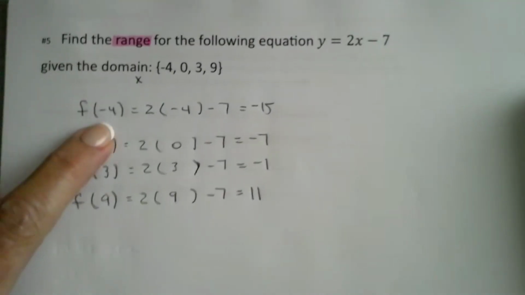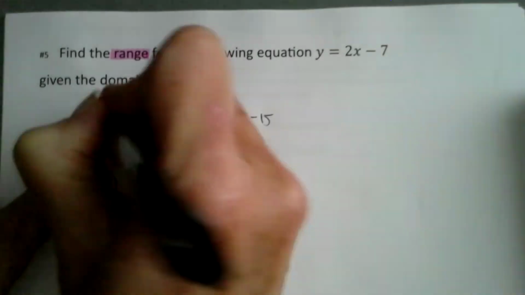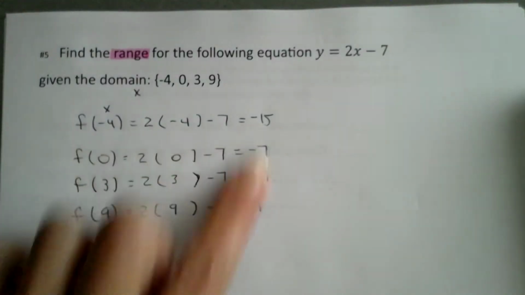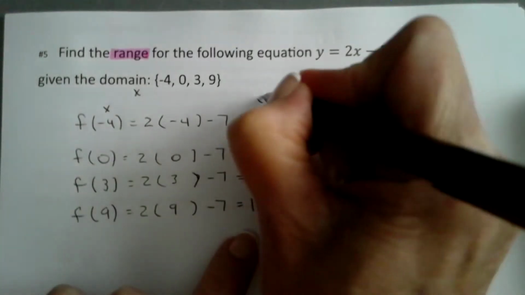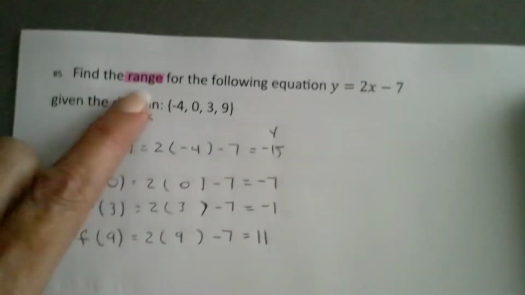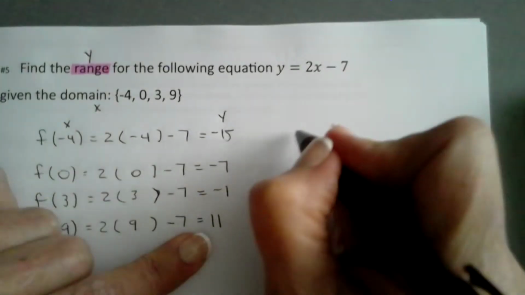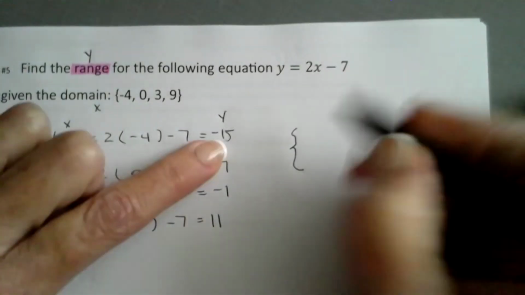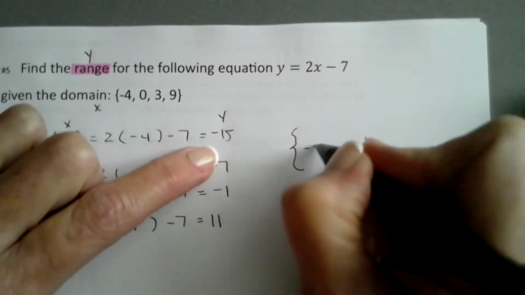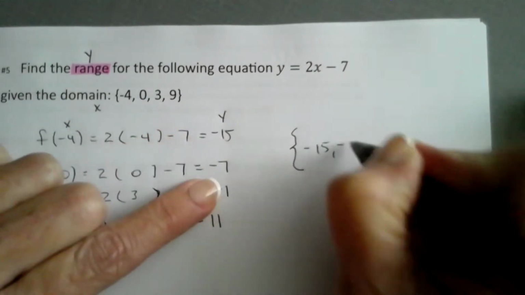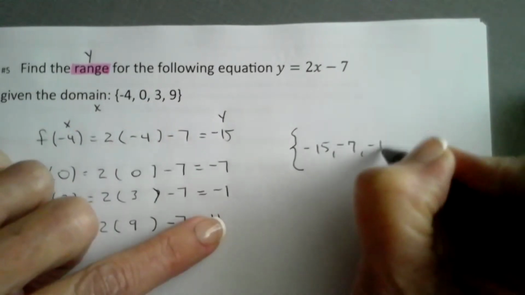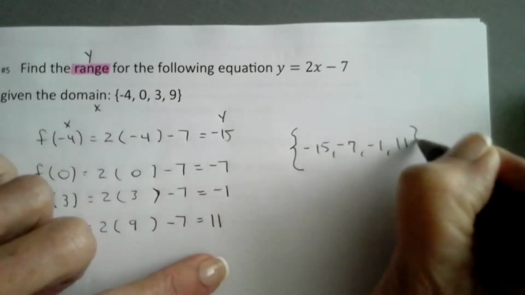So keep in mind, these are your inputs or your x's, and remember that what we get out are the outputs or the y's. Well, it's asking for the range. Those are the y values. So this range is 4 particular values. It is -15, -7, -1, and 11.